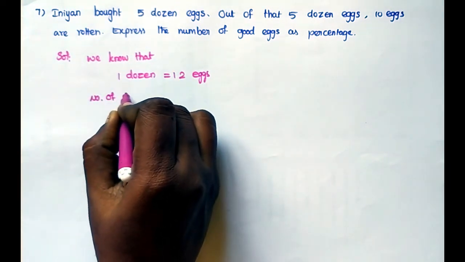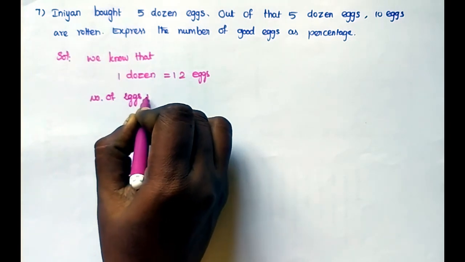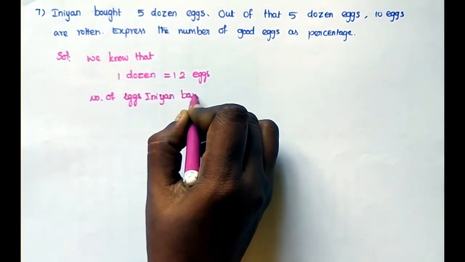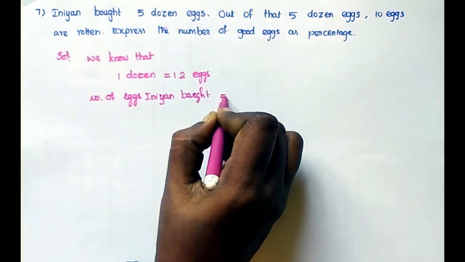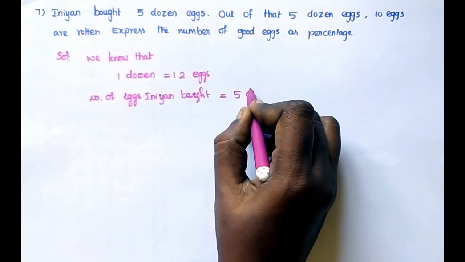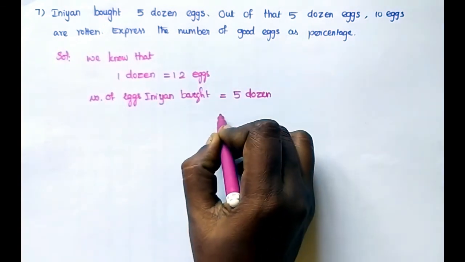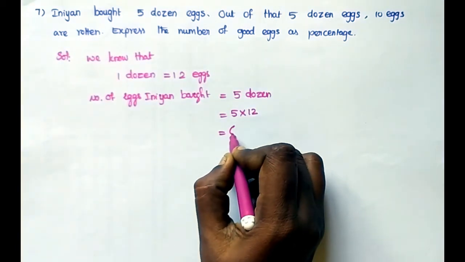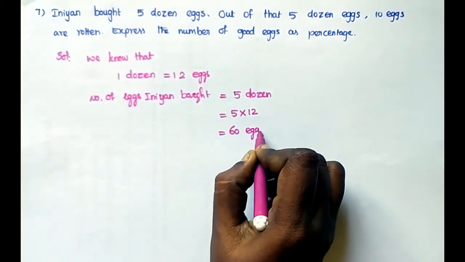Number of eggs Indian bought equal to 5 dozen, that is 5 into 12, 60 eggs.